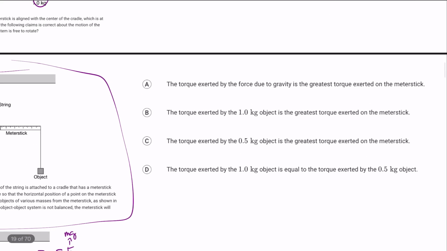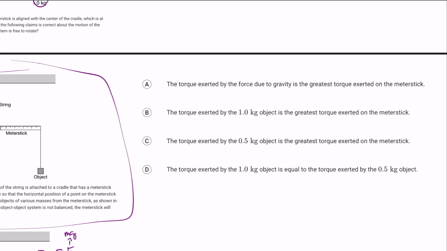A says the torque exerted by the force due to gravity is the greatest torque exerted on the meter stick. Interesting answer choice. I mean, I guess that's true. That's a weird statement. Oh, okay, my mistake here. The torque exerted by the force due to gravity is the greatest torque exerted on the meter stick.